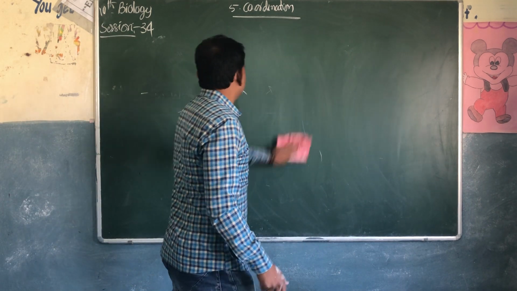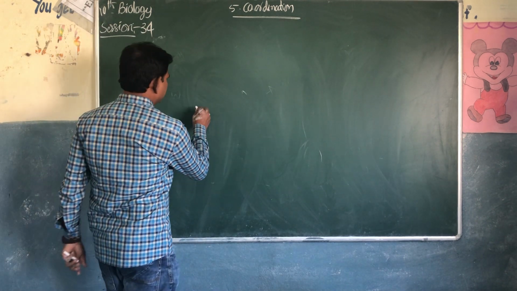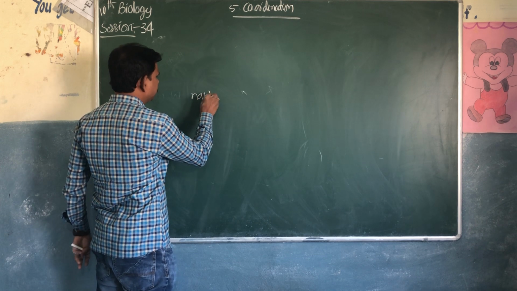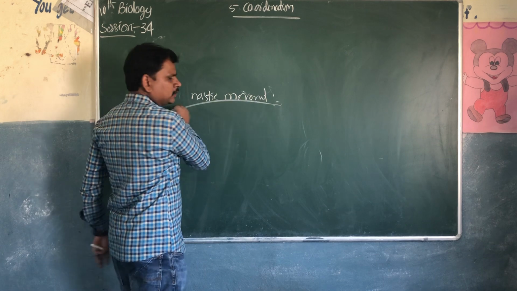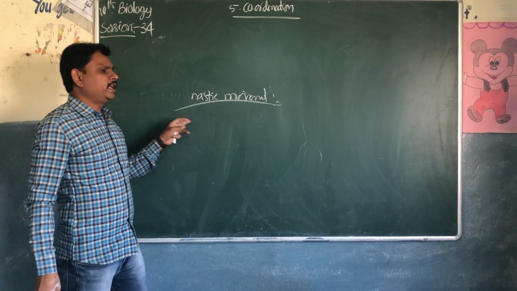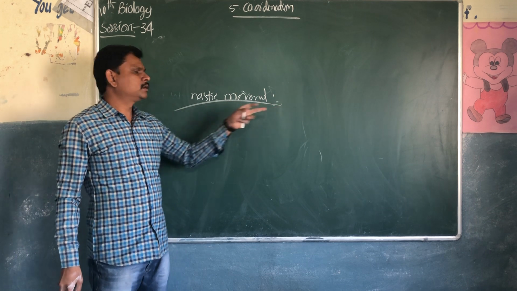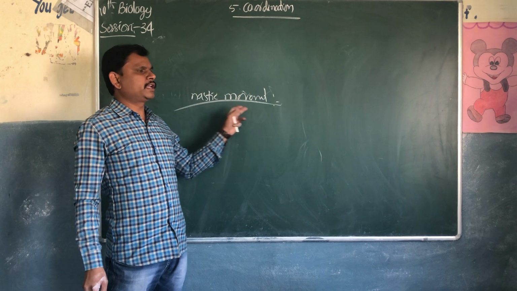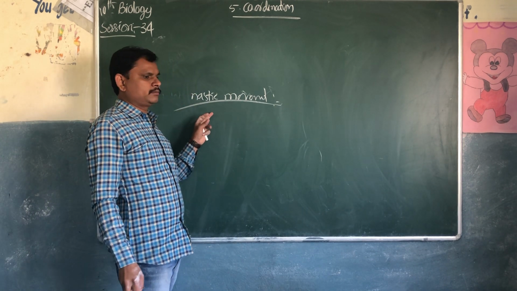So, what are nastic movements? Sometimes the direction of the stimulus determines the direction of the movement. Sometimes the direction of the stimulus does not determine the direction of the movement.